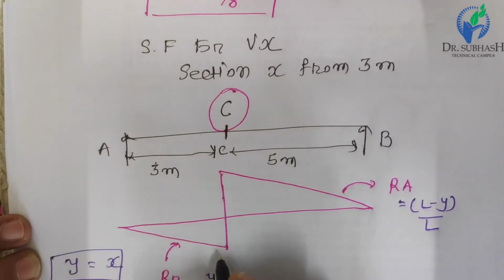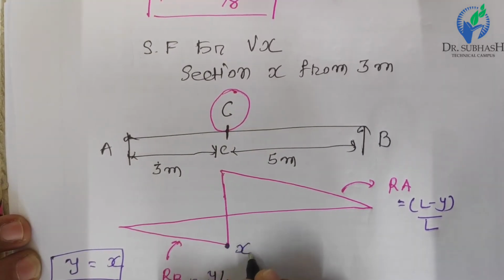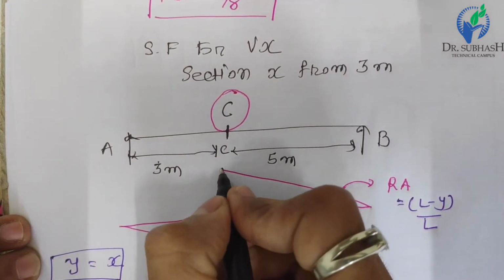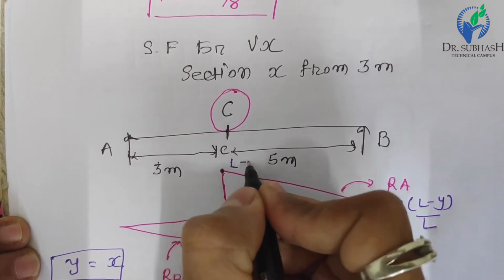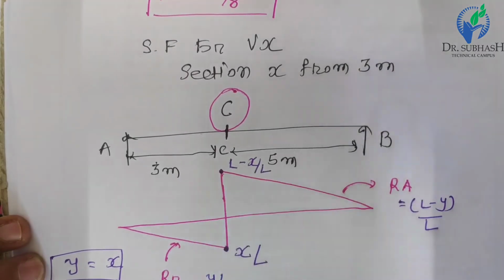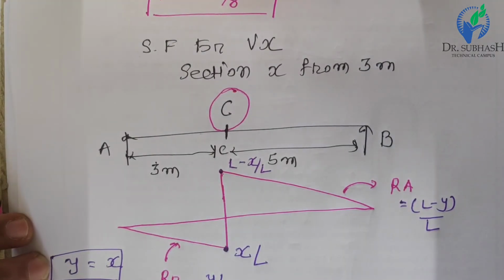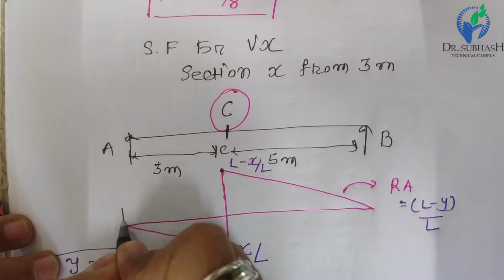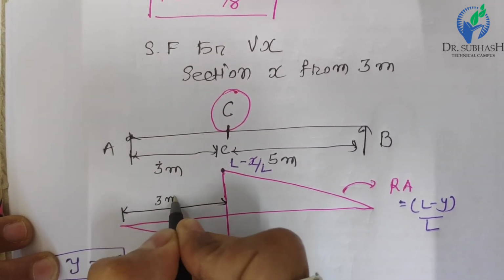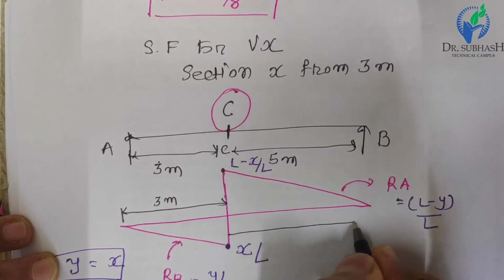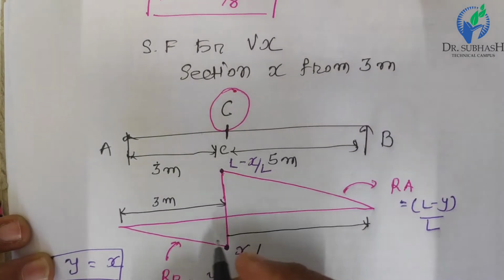So our equation of RB is x by L, and the equation of RA is again L minus x upon L. Now you can see that this is the 3 meter span where the section is given, and this one is the 5 meter span.